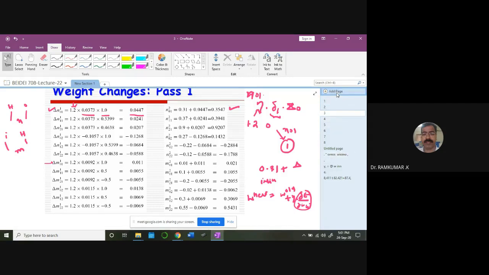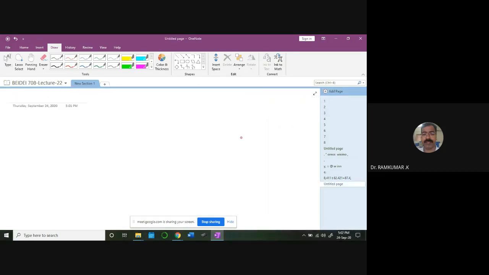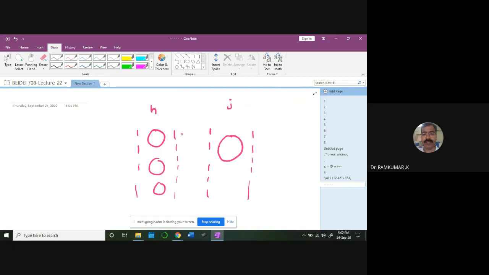I'll do one computation. Take the first neuron, the output neuron. This is the index j, and it receives input from the previous layer, the hidden neurons with index h: H1, H2, H3, like this.